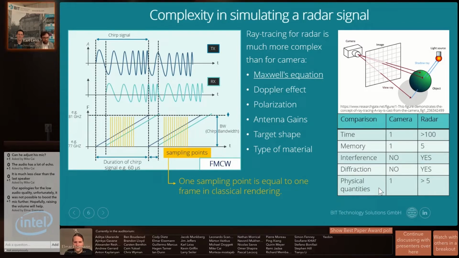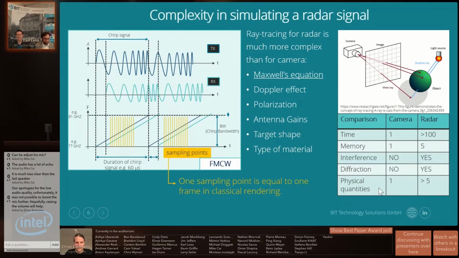Each antenna, in theory, can have its own gain, and in most cases it's non-isotropic, so it's kind of difficult to implement all that. Moreover, if you want to perform a physically based rendering, then the number of physical quantities you should take into account is bigger. For example, we have permittivity and some other factors.